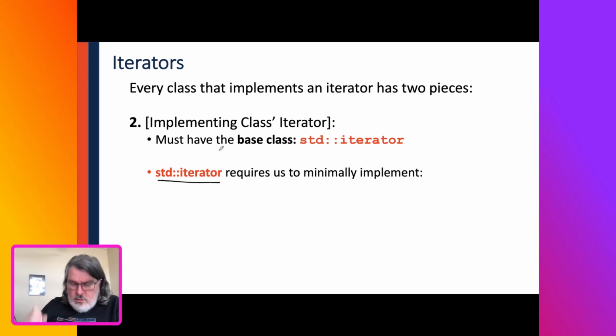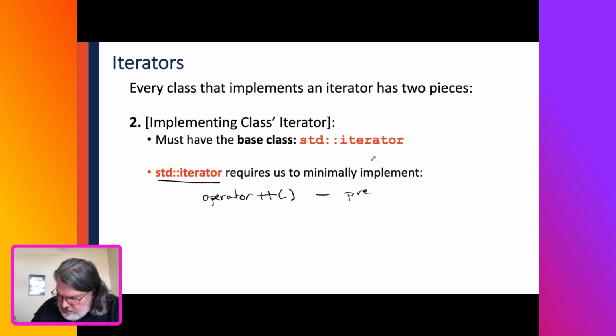Well, it has to do operator plus plus, and specifically, it has to do operator plus plus, which is pre-increment. Right? So plus plus x, or plus plus iterator, is the one that is required.